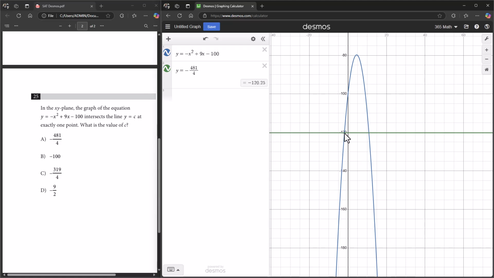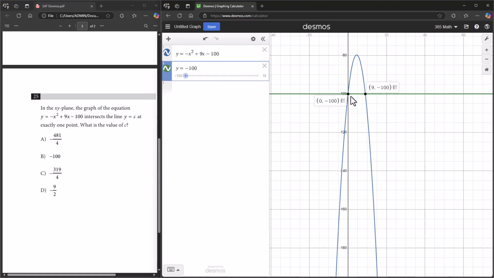We have 2 points, of which this is incorrect because we want exactly 1 point. So that is incorrect. And then we'll try negative 100. Again, we have 2 points right here. Again, that is incorrect.